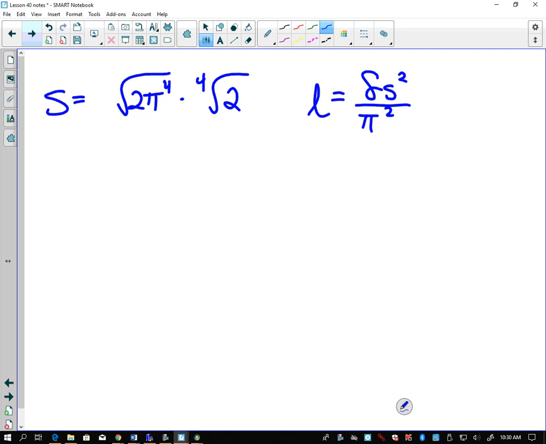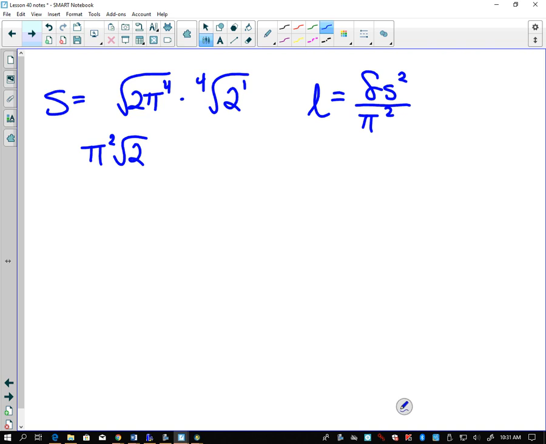Well, possibly. So, all right, let's look at this. The square root of pi to the fourth, that's going to be pi squared, right? Because 4 divided by 2. Does that make sense? So pi squared, and the square root of 2 doesn't simplify. You can't pull that out, right?